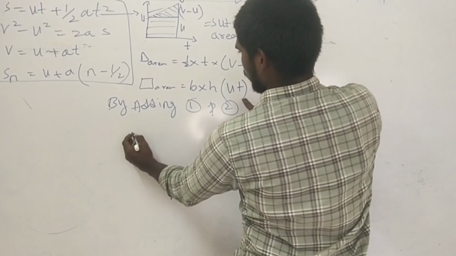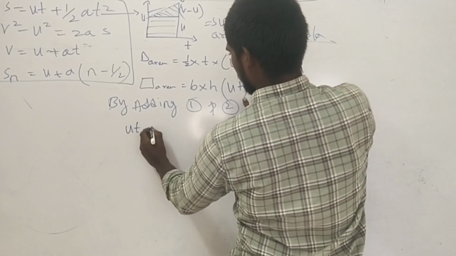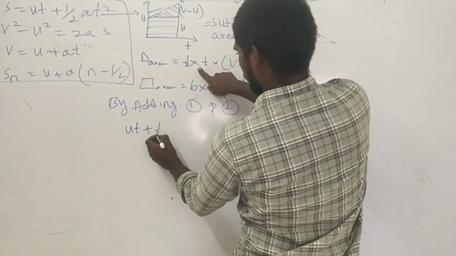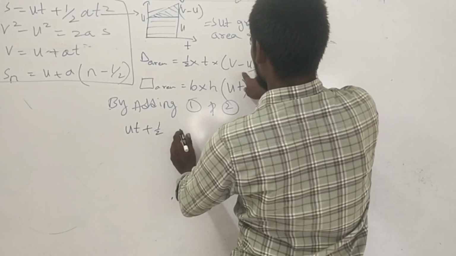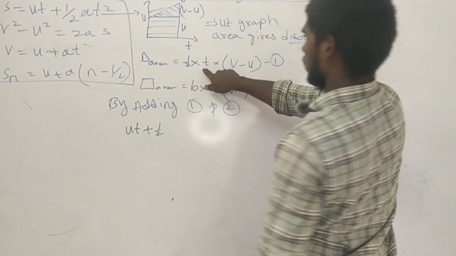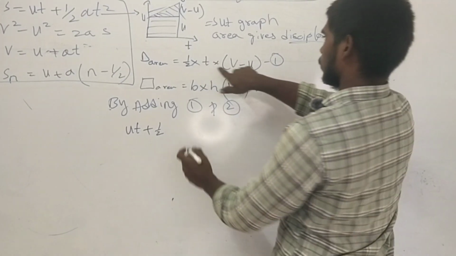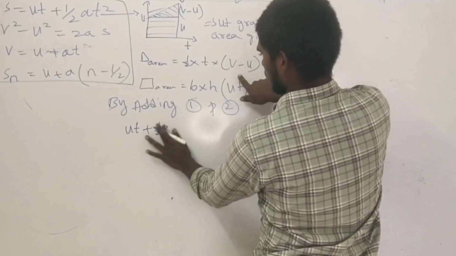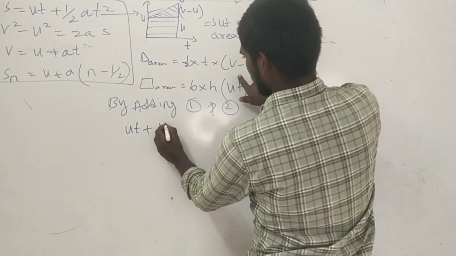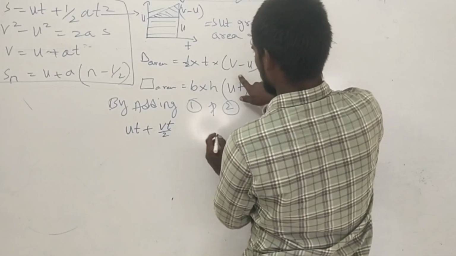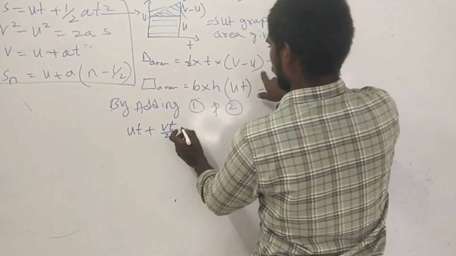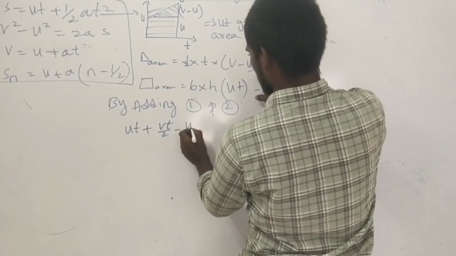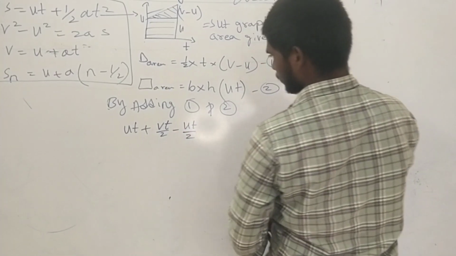First thing, ut plus half t into v minus u, that is vt by 2 minus ut by 2.